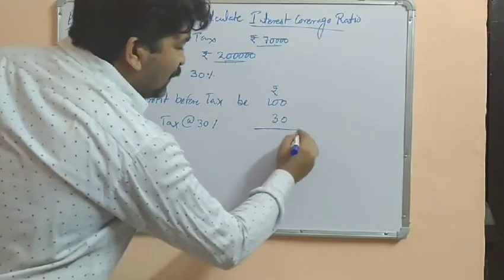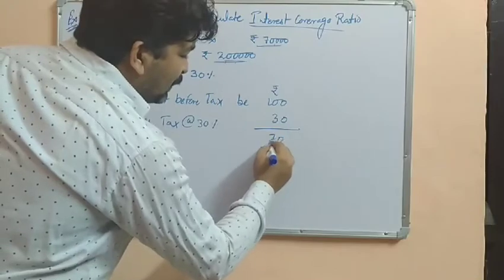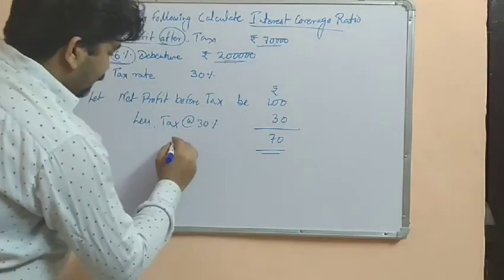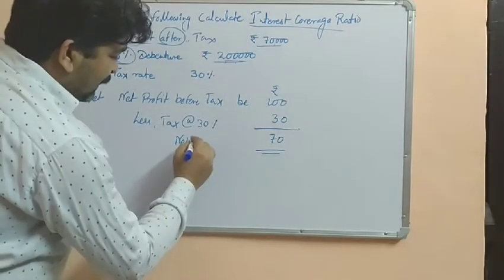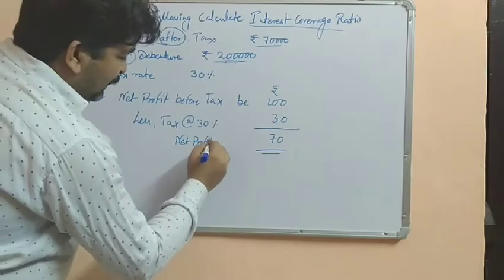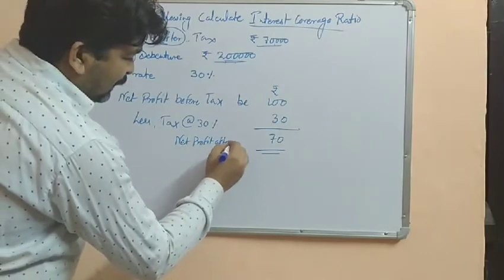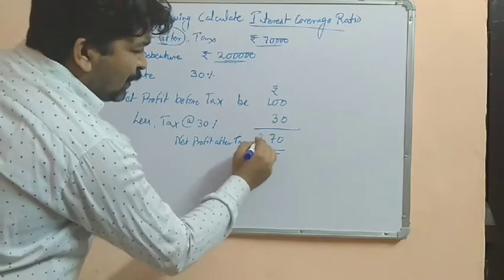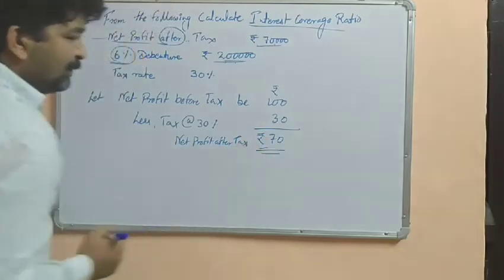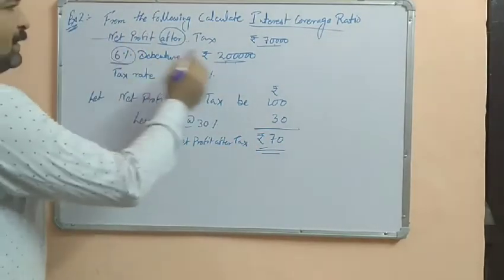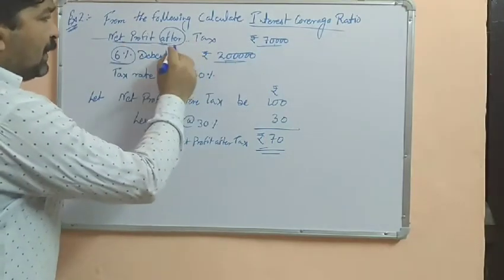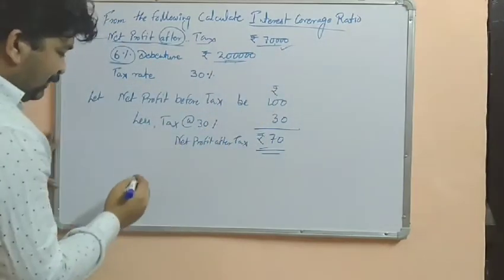That means it's 30 rupees. Then 70 rupees is what? Net profit after tax is rupees 70. Okay, and here net profit after tax is given, 70,000.